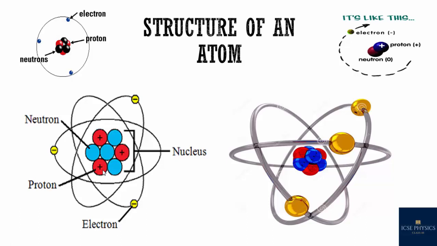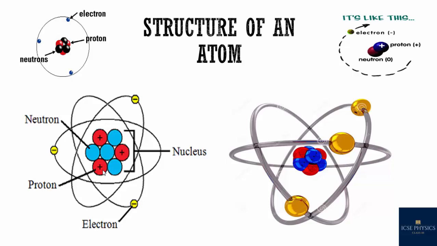The charge on the neutron is 0. So suppose you have 3 negative charges, minus 3, and 3 positive charges, plus 3. If we combine both, minus 3 plus 3, it comes to 0. So the atom becomes electrically neutral. Why? Because the number of protons is equal to the number of electrons.